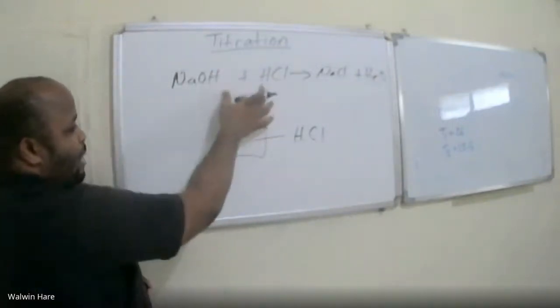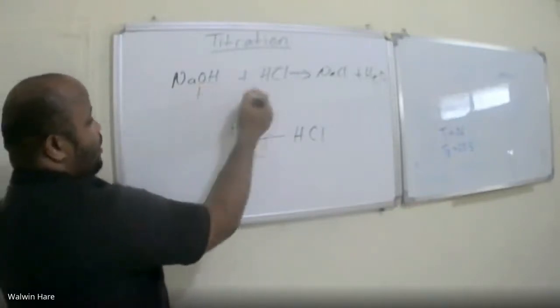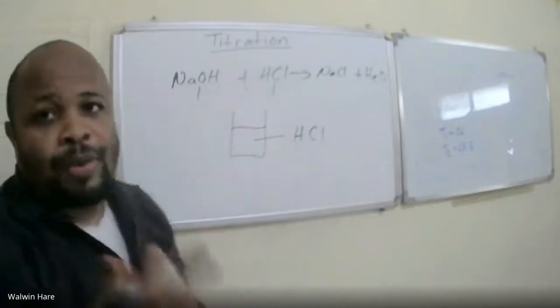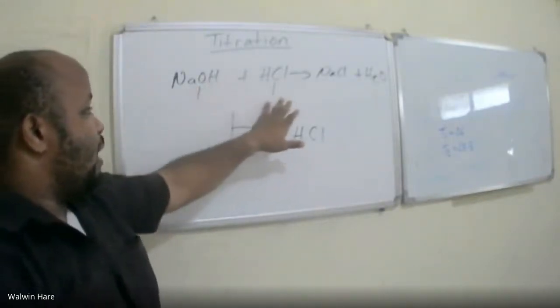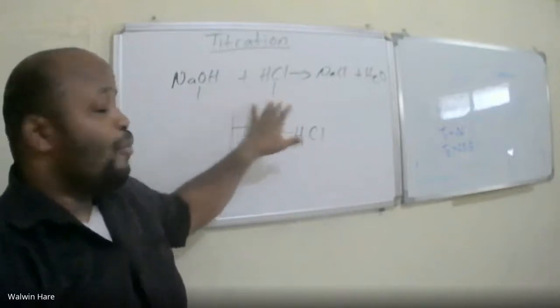When you balance it, it's already balanced. So it's a 1-to-1 mole ratio. So based on this equation, sodium hydroxide and hydrochloric acid react in a 1-to-1 mole ratio.